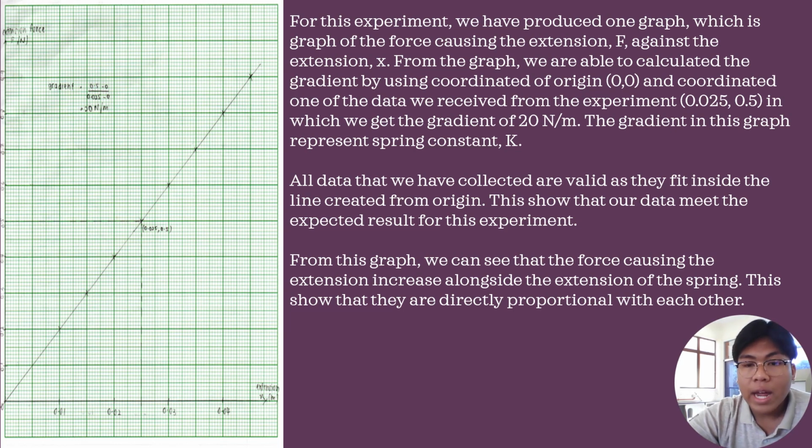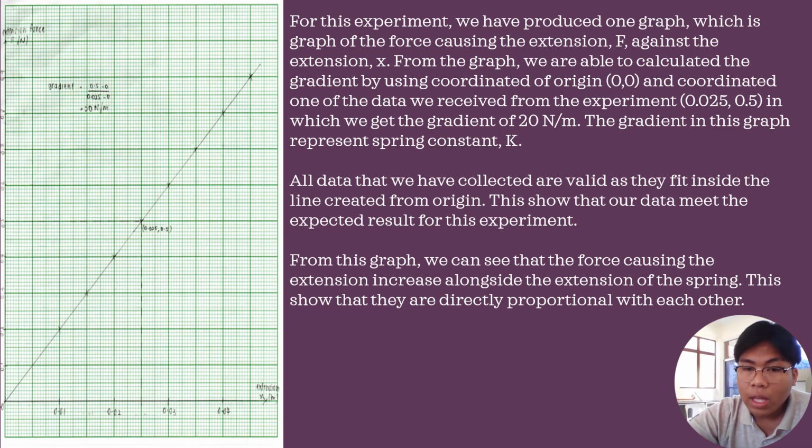From the graph, we are able to calculate the gradient by using the coordinate of the origin, 0, 0, and a coordinate from the data we received from the experiment, which is 0.025 and 0.5, from which we get a gradient of 20 N/m. The gradient in this graph represents the spring constant, k.